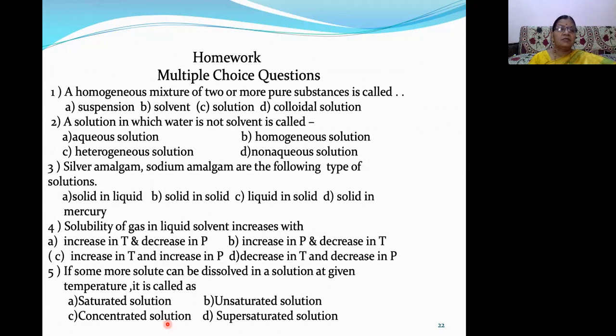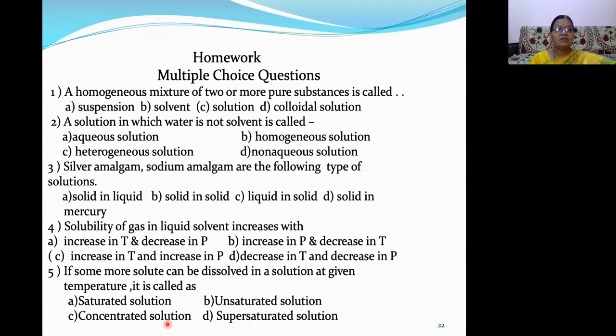A solution in which water is not a solvent is called, what is the answer? First option, aqueous solution. Second, homogeneous solution. Heterogeneous solution. Non-aqueous solution. Now, when water is used as a solvent, it is called an aqueous solution.